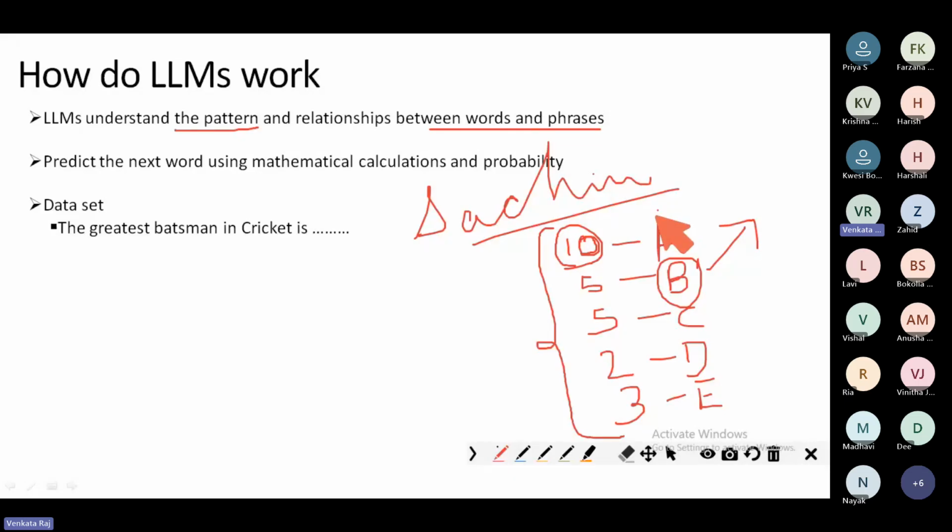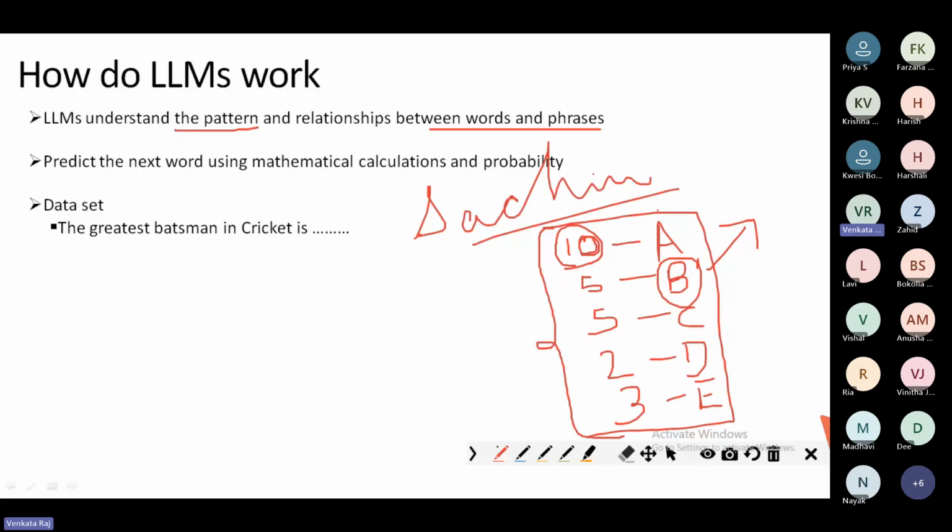Similar is the case with AI models, everyone. If I train the AI model on this data set, because an AI model will not be able to learn on its own. It doesn't have independent decision-making ability.